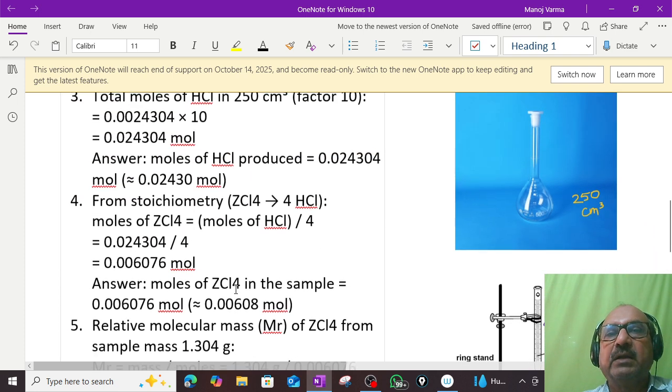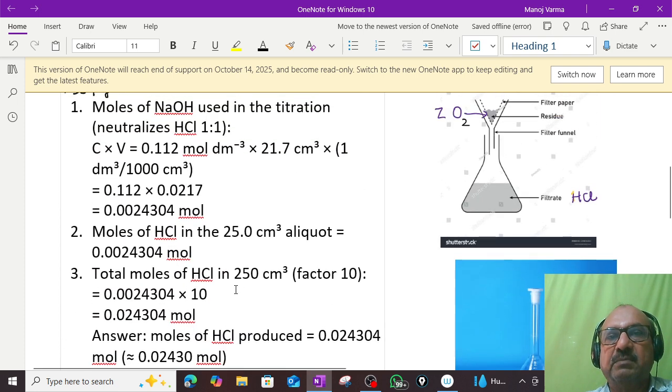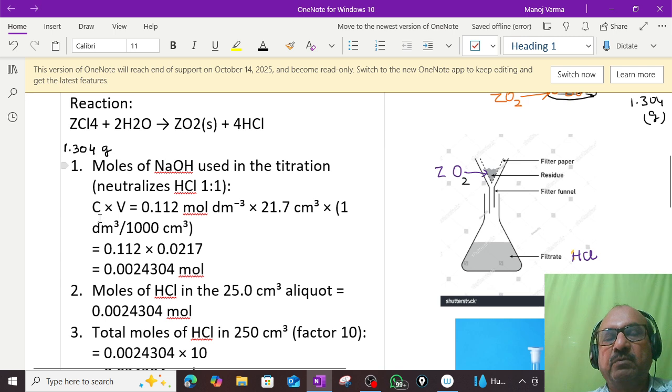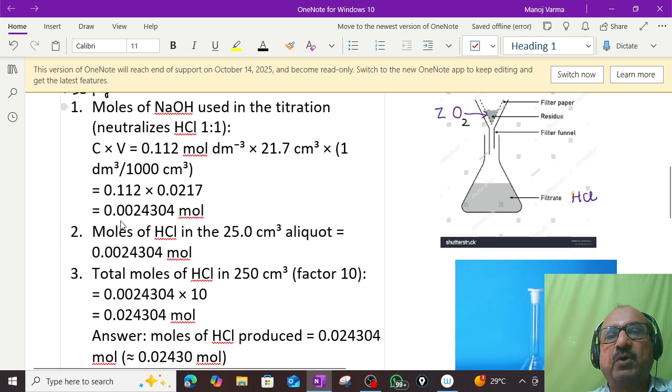So let's do that. The number of moles of NaOH would be C times V, 0.112 times 21.7 divided by 1000 to convert it into dm cube, and we get 0.002430 mole of NaOH.